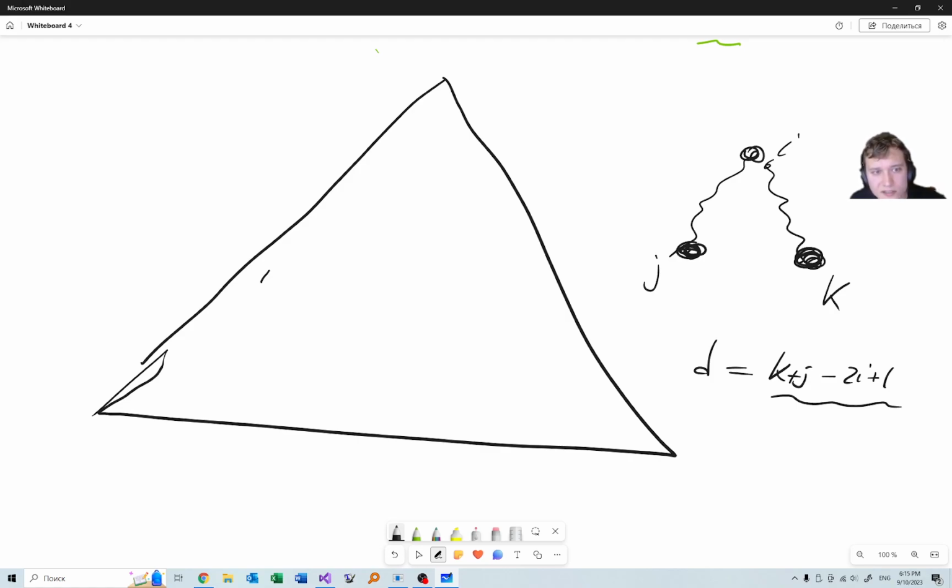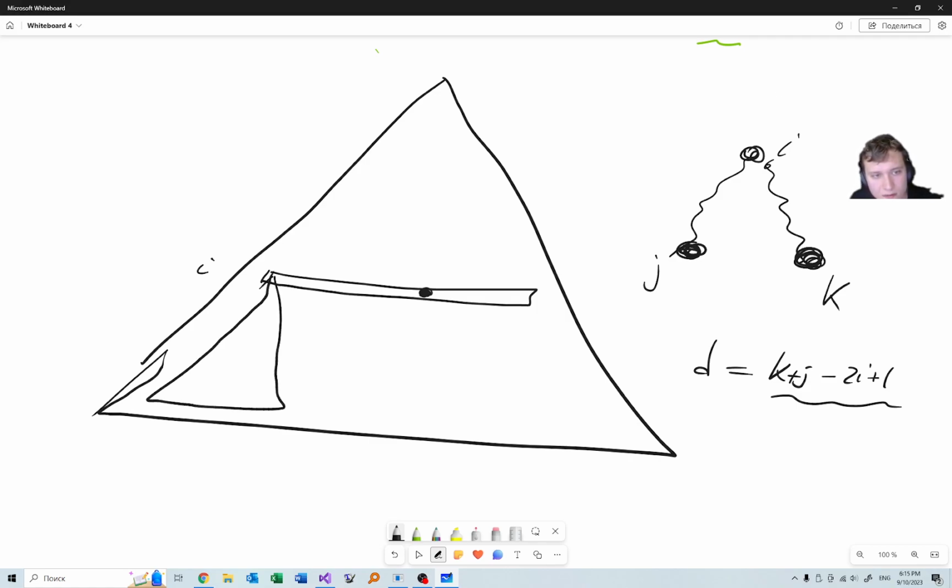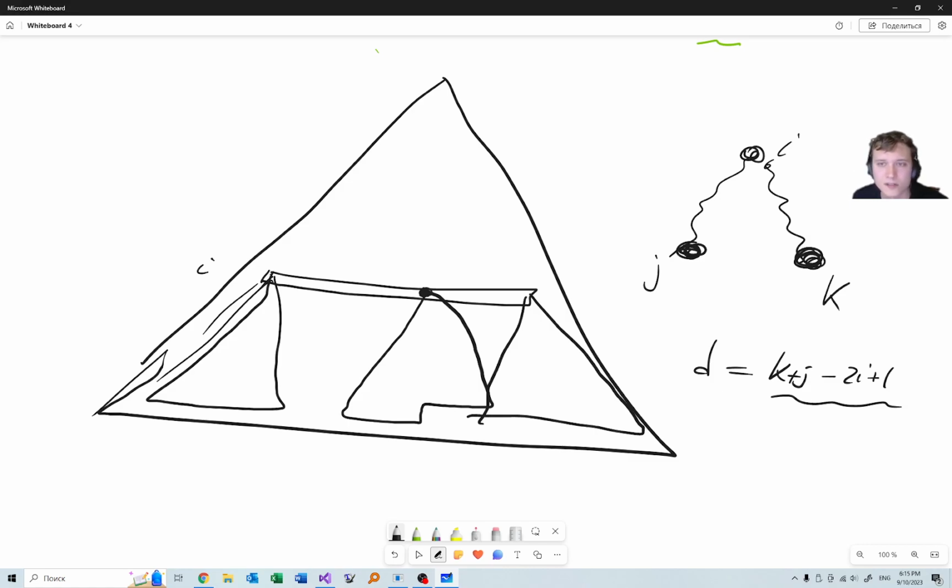So let's consider the layer number i. There is some certain vertex such that here they are all still full of the maximum depth, and here it's like this, and after that it's still the full layer. So what then?